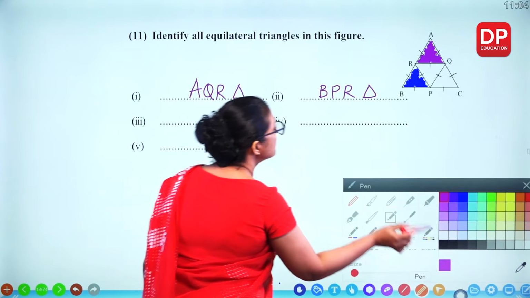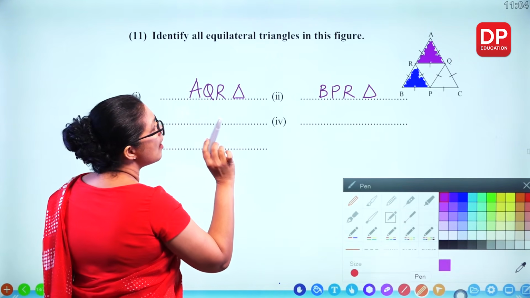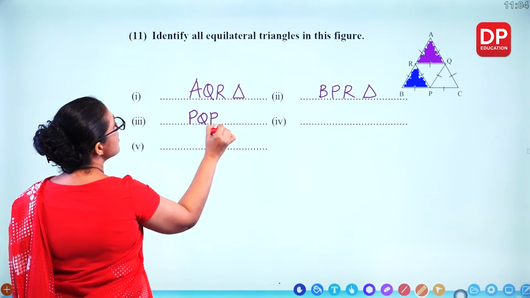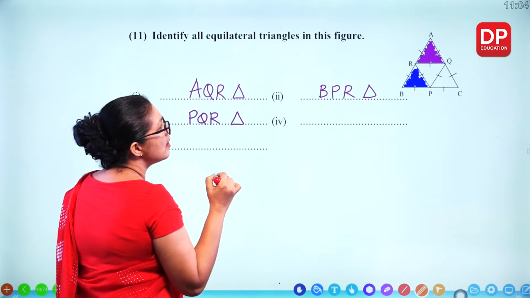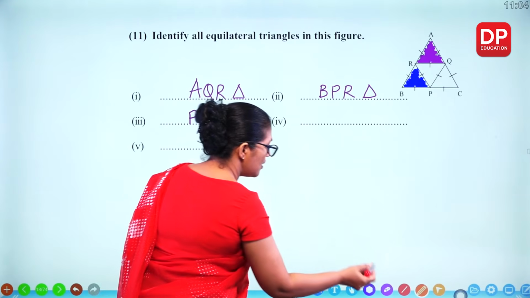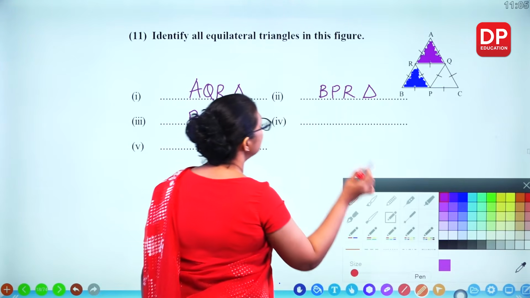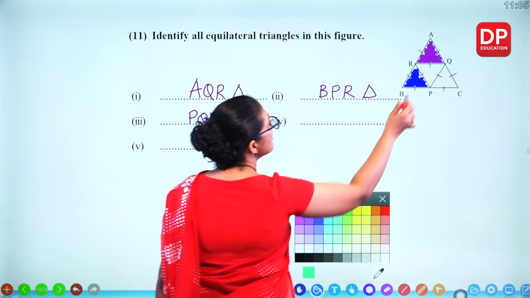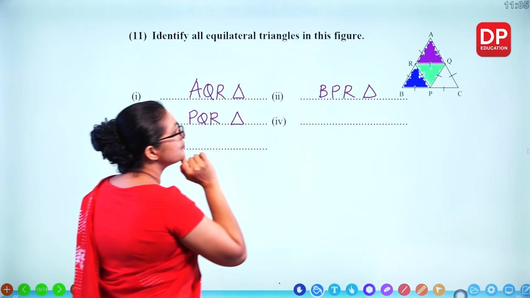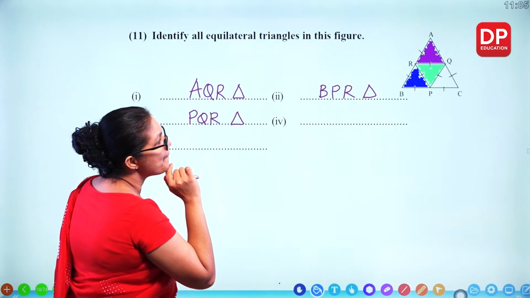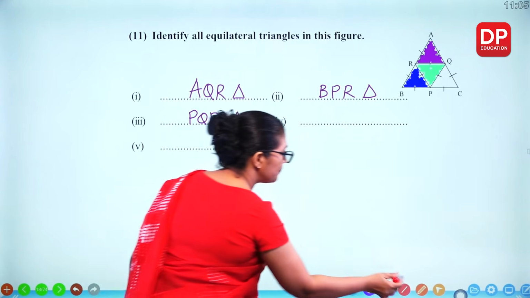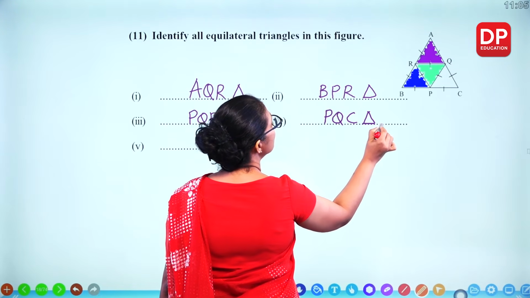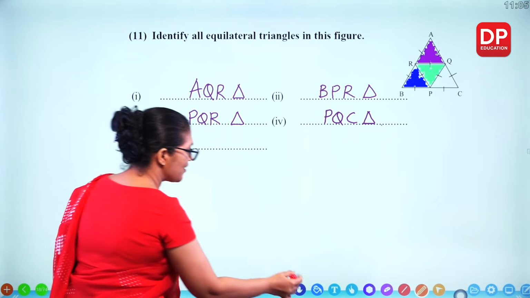Another triangle, PQR. PQR is also another equilateral triangle. So I'll color that also. Now another one is there. PQC. PQC triangle. What's the other equilateral triangle?